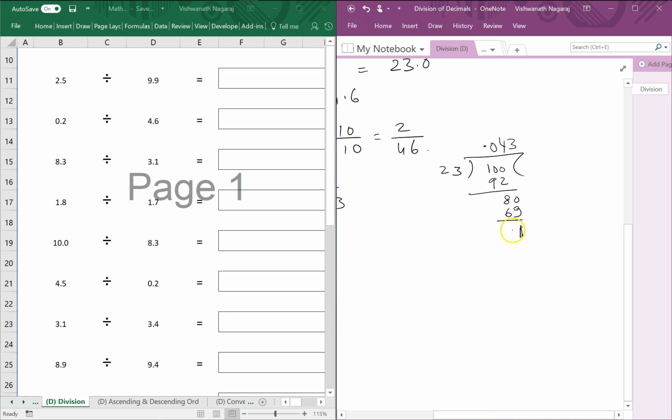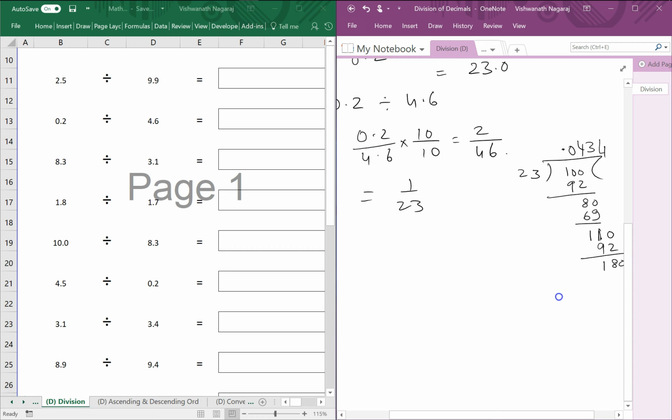So borrowed 1, so 1, 0, 23 fours are 92, 8, 1, 180.